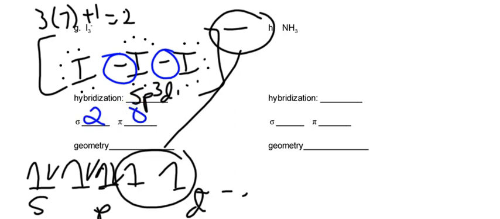So my geometry is, well, you tell me. If it's sp3d, I have trigonal bipyramidal to start off with. But how many lone pairs do I have? I have 3. Take 1 away, take 1 away, take 1 away, and it is linear. Okay. Hopefully you can see that. So my shape is linear.